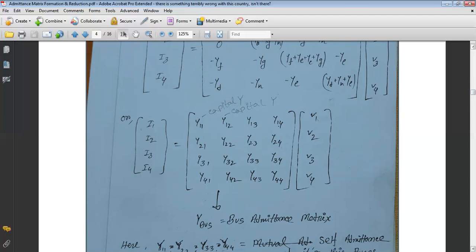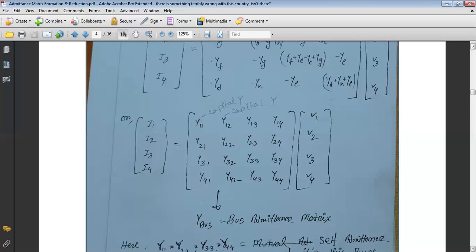But whenever the power system is considerably large, like 30, 40, 50 or more than 100 buses, it is very difficult to calculate the power flow solution by using the separate nodal equation of every bus.